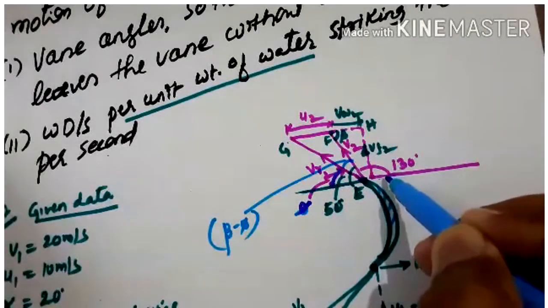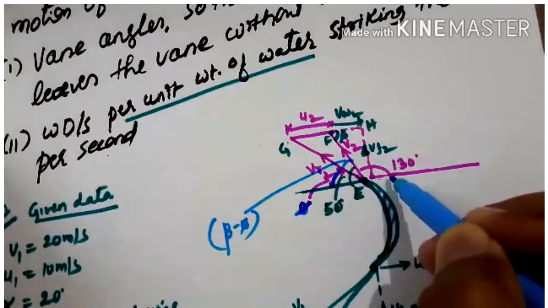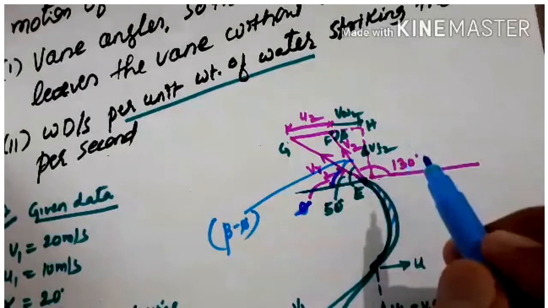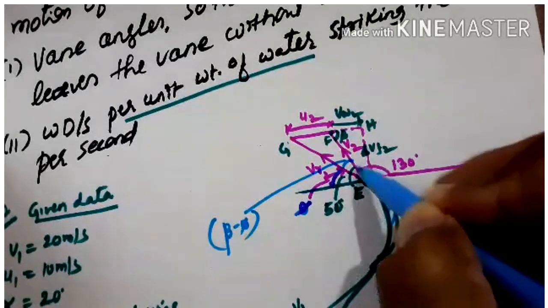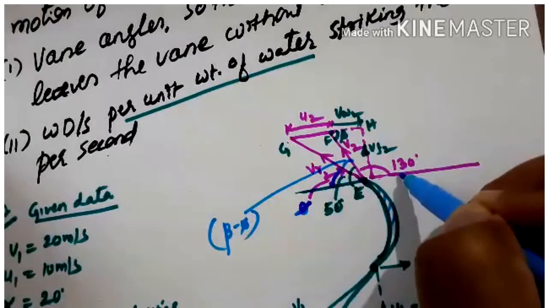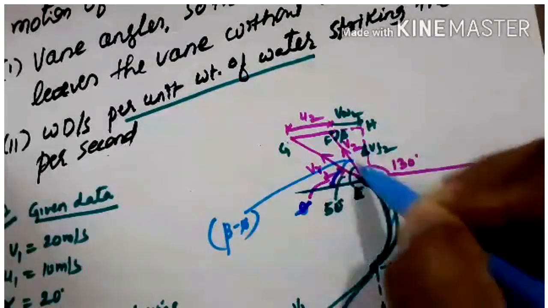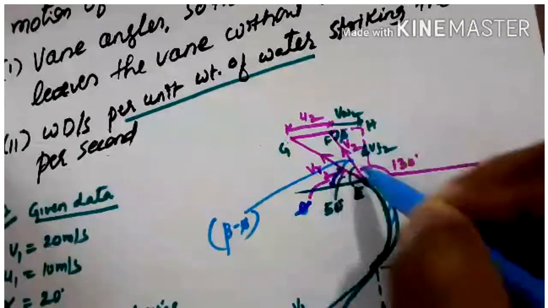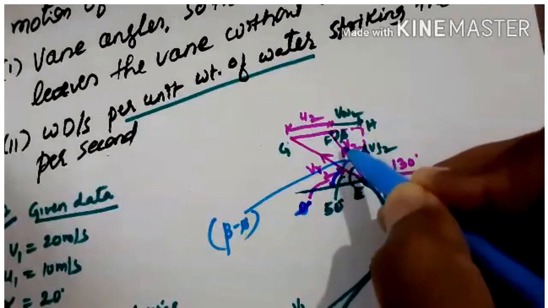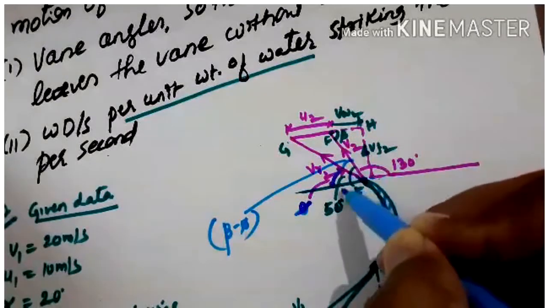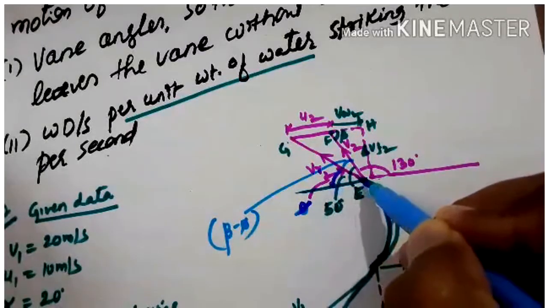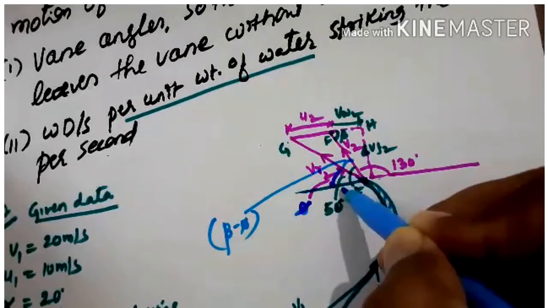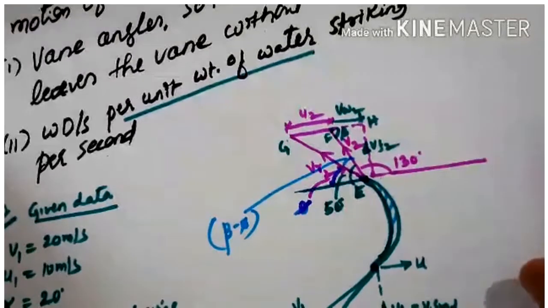The jet leaves at an angle of 130 degree to the direction of motion of the vane at outlet, meaning we take the angle between V2 and 130 degree. This is the angle of deflection. Then the vane angle, that is pi, you have to calculate.